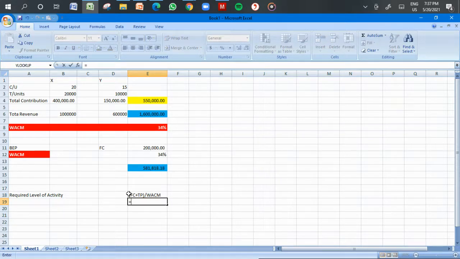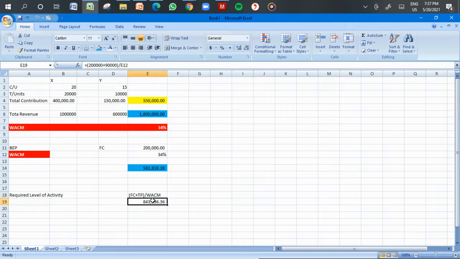So what are you going to do? You're going to say the fixed cost, which is 200,000 plus the required profit, which is 90,000. Let's just put these ones in brackets. Then we divide it by our weighted average contribution margin, which is this one.